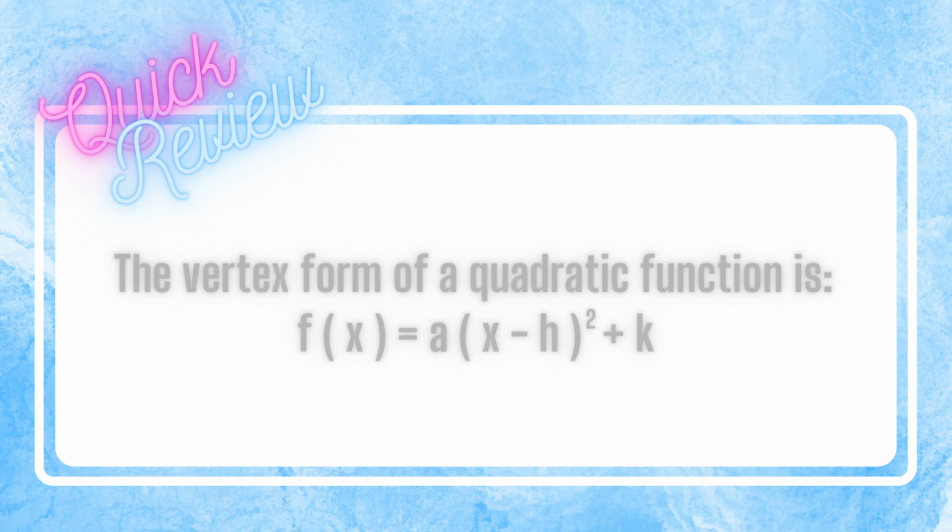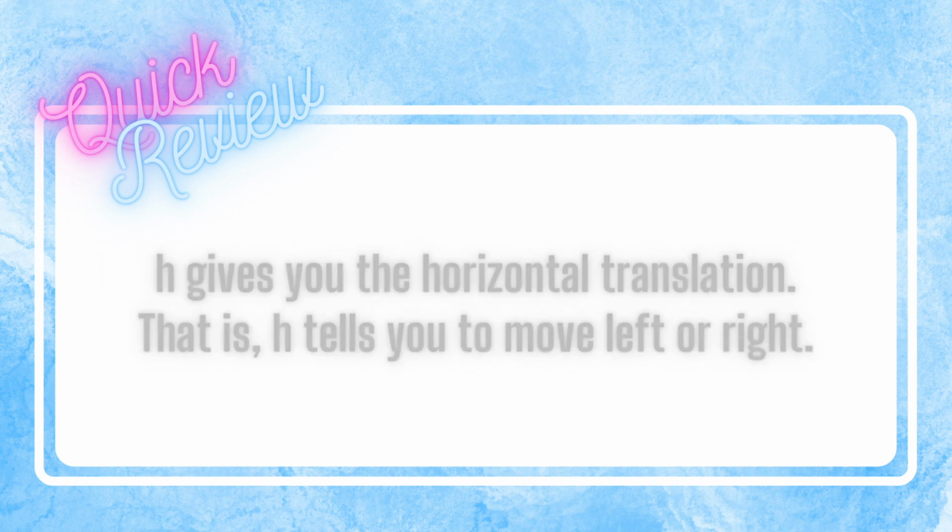The vertex form of a quadratic function is f of x equals a times x minus h quantity squared plus k. But today, we just focused on h. h gives you the horizontal translation.